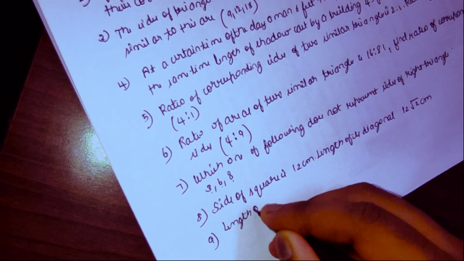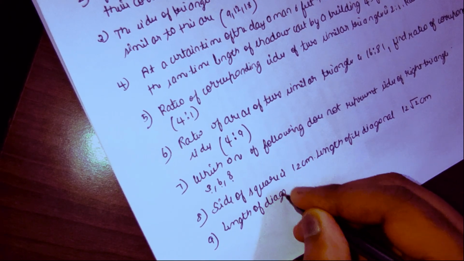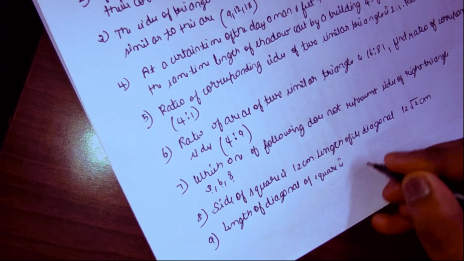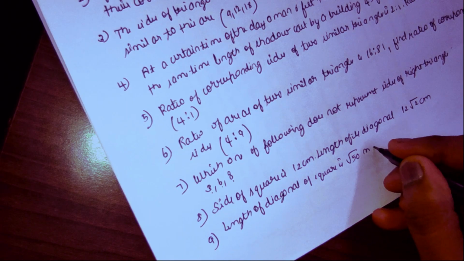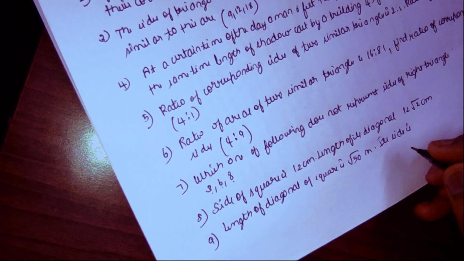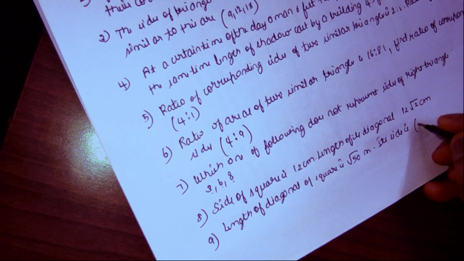Length of diagonal of square is √50 meter. Its side is. The answer is 5 meter.